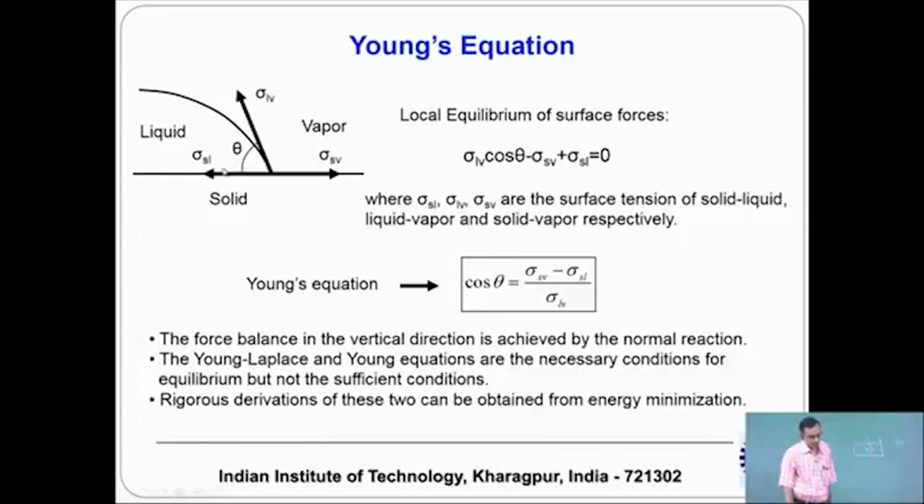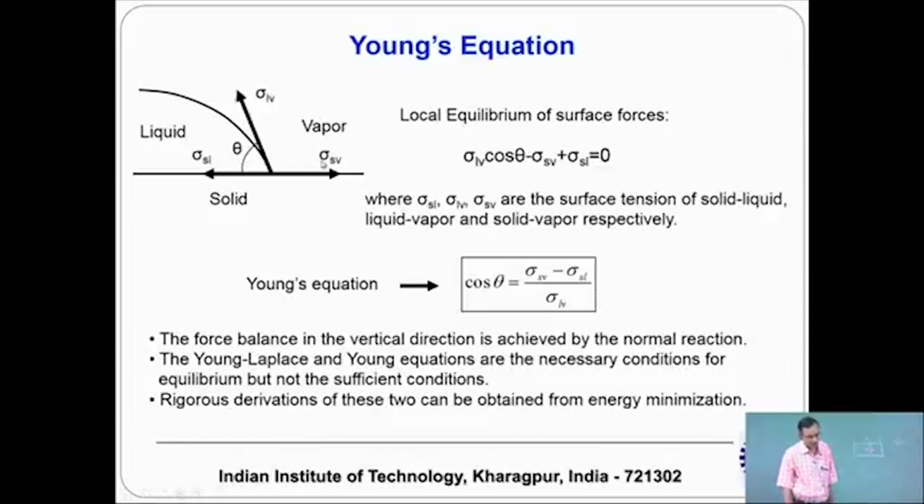When we say surface tension, actually it is a property between two phases. So, when we write the surface tension between the solid and the liquid, it is sigma SL, the surface tension coefficient for a solid liquid interface.